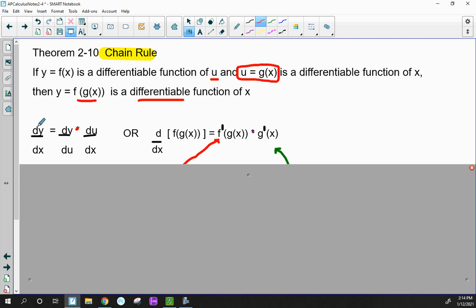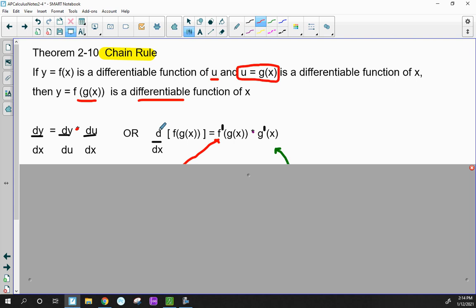To find the derivative of y with respect to x, you first pay attention to the outside function, dy du, and then multiply that by the derivative of the inside function, du dx. This notation at the beginning, since it's the first time you're seeing it, may look confusing, but once we go through some problems, you'll understand the notation a little bit better.